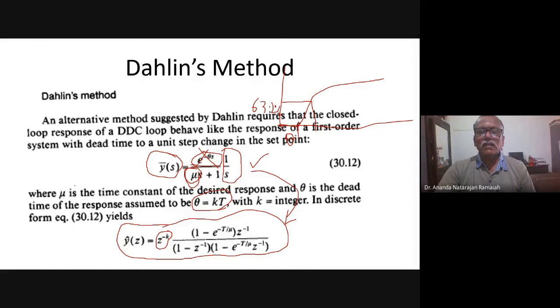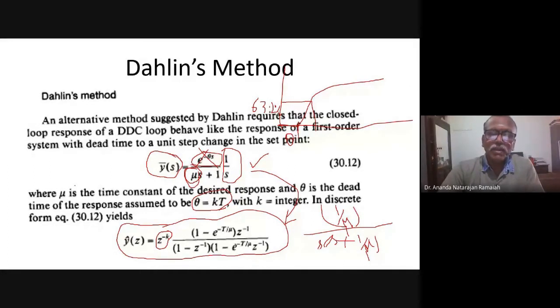Here, if you bring this mu outside, what you will get is 1 by mu upon s multiplied by s plus 1 by mu. If you assume 1 by mu is a, then it is a by s multiplied by s plus a.